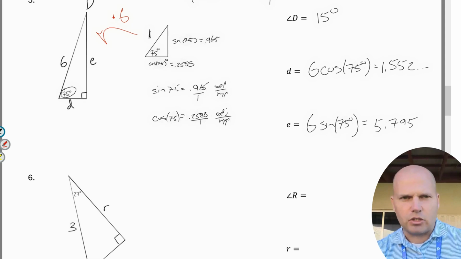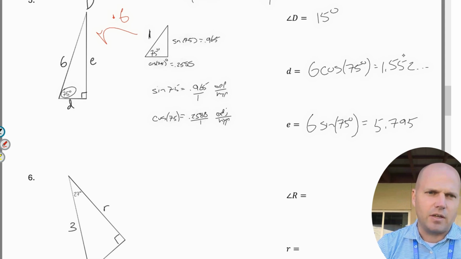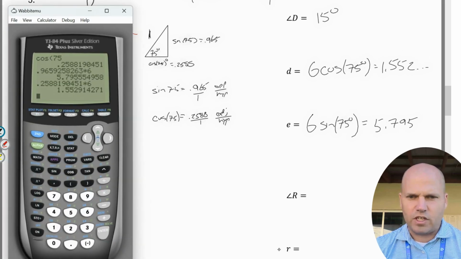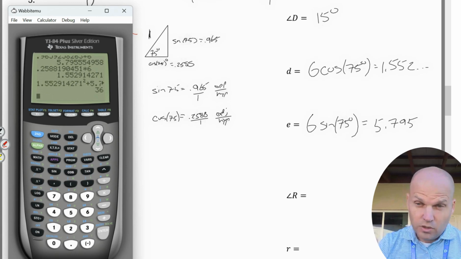We just scaled our smaller triangle. And if you checked with the Pythagorean theorem, d squared plus e squared will equal 6 squared, which is fun to kind of do. D squared plus e squared equals 36.